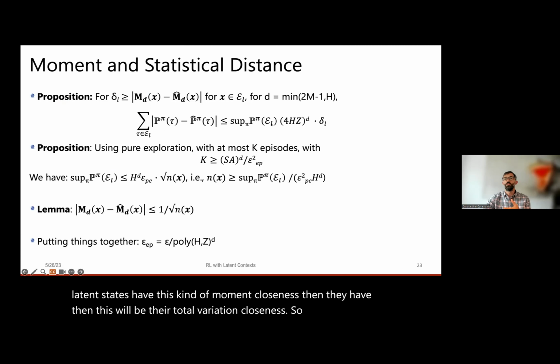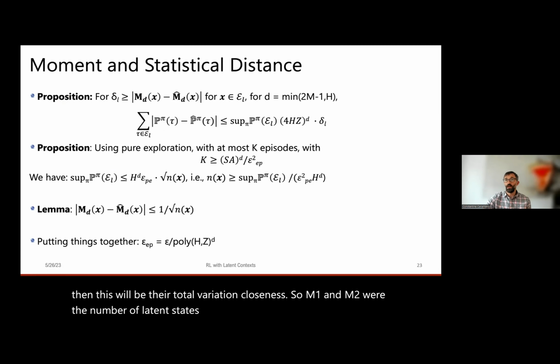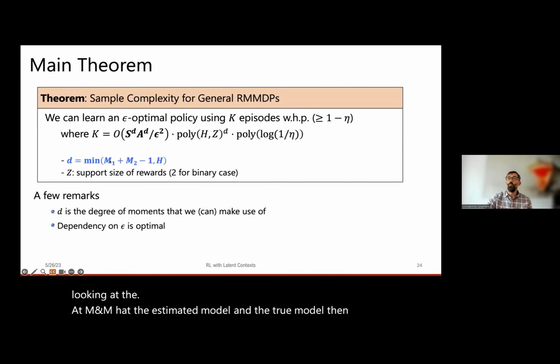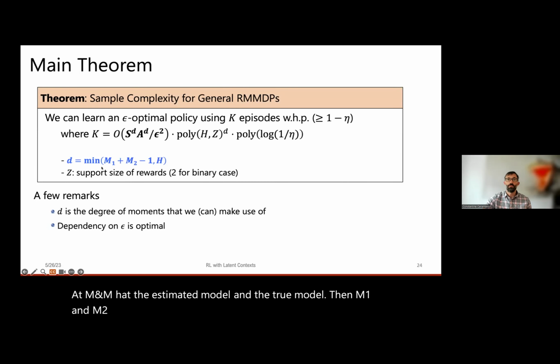So M1 and M2 were the number of latent states in each of these. If I'm just looking at M and M hat, the estimated model and the true model, then M1 and M2 are the same. So D is the min of 2M and H.